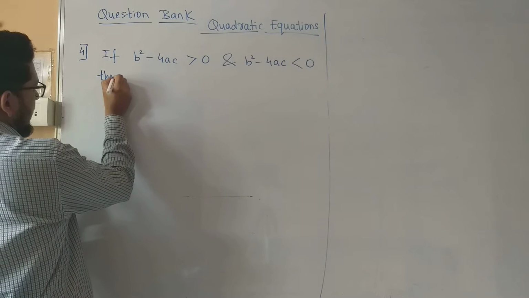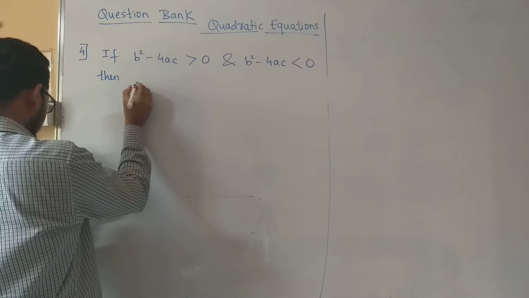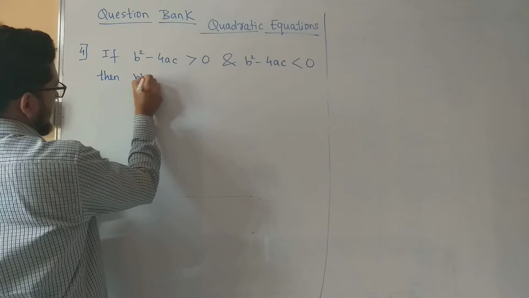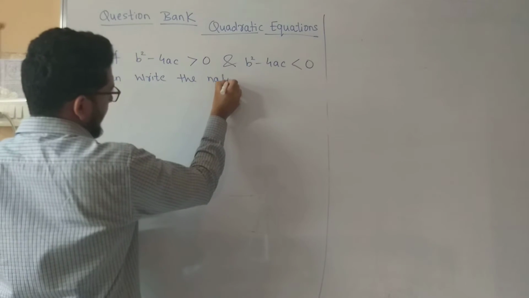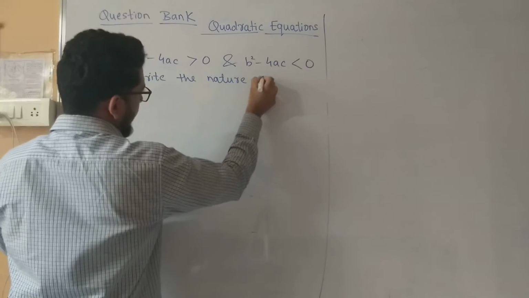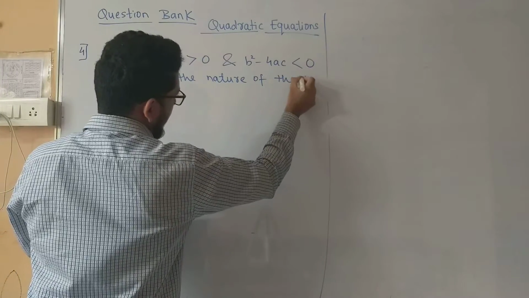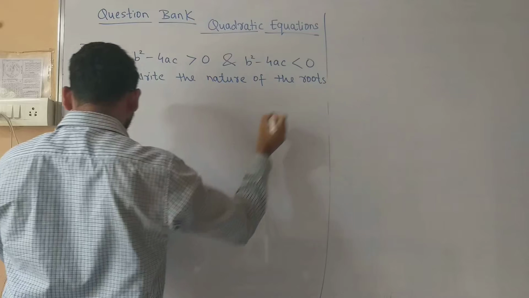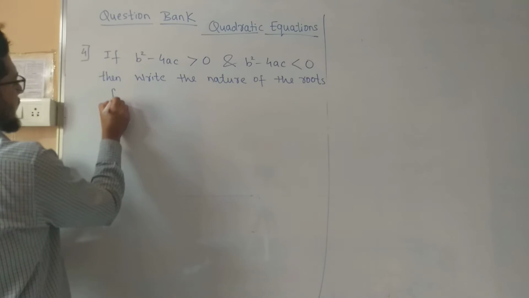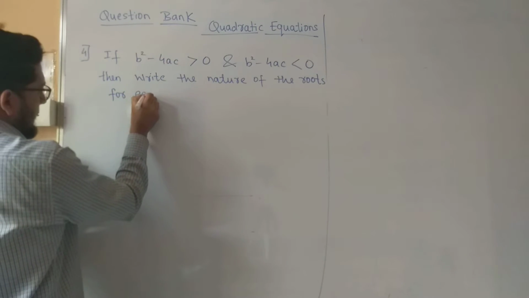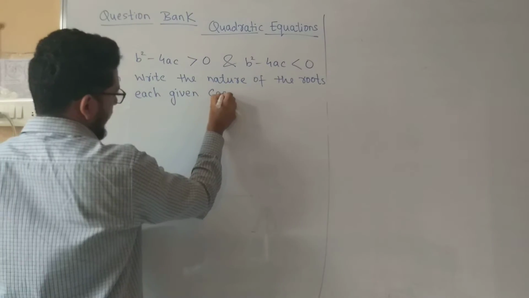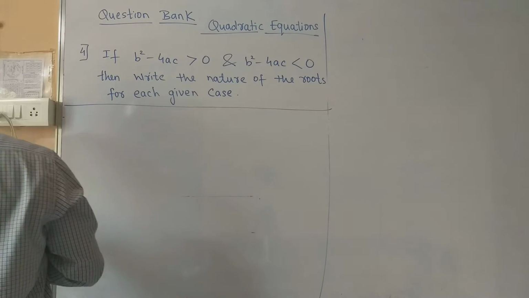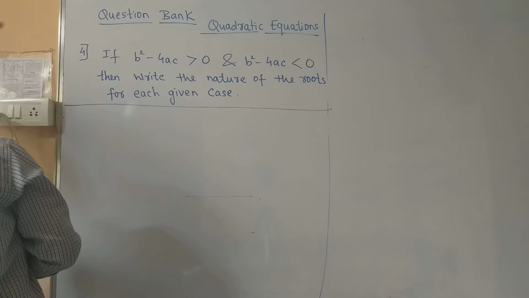We have to find the nature, then write the nature of the roots for each given case. Now how will you simplify this? It is very simple, just a formula type example.